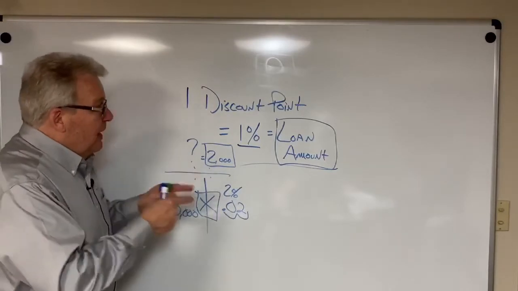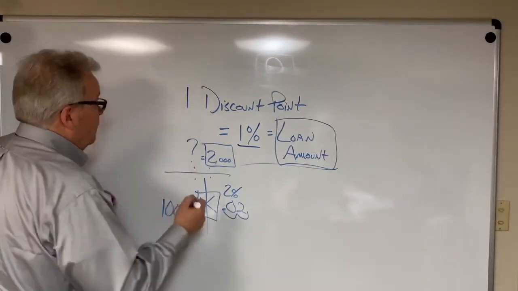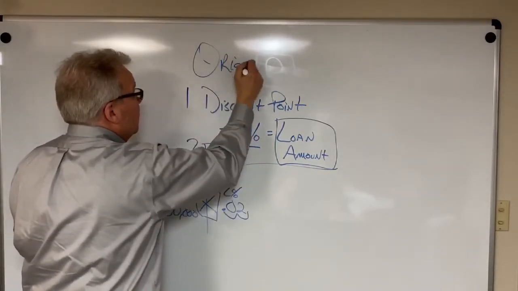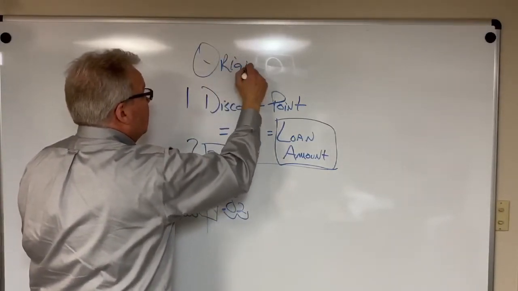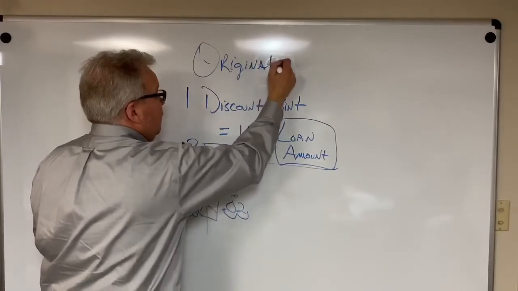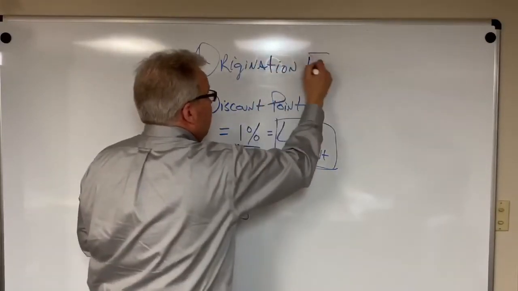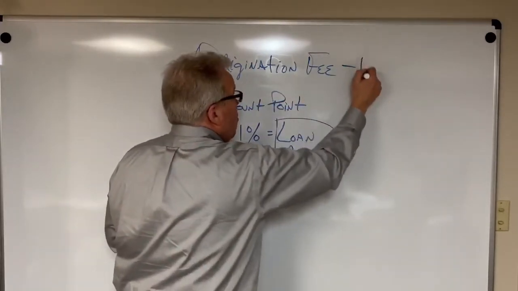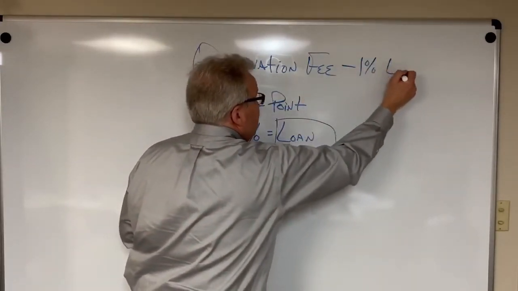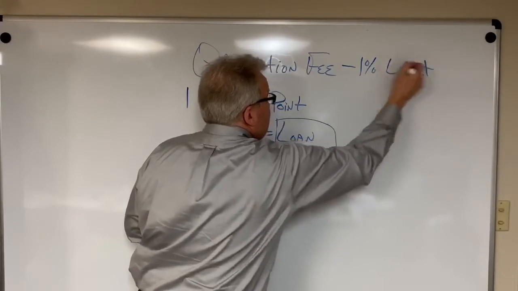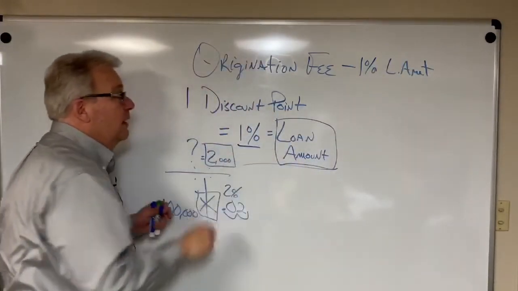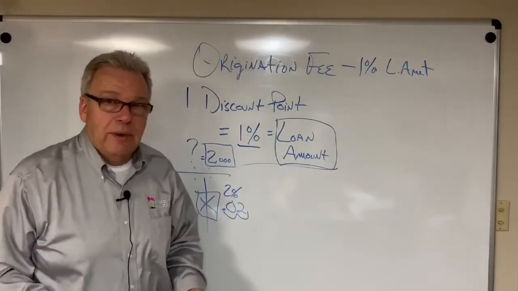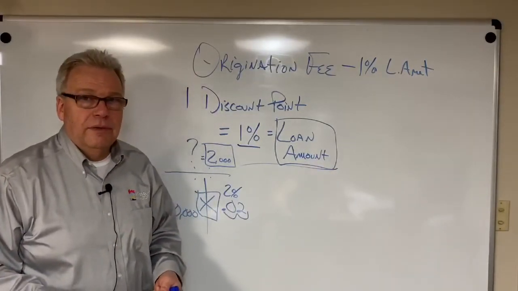An origination fee, so I'm going to call this an origination fee, I'm a creative speller, is also 1% of the loan amount. Okay, same thing that we did here, but the origination fee covers the paperwork to do the loan. All right?